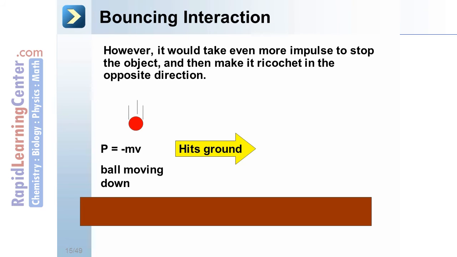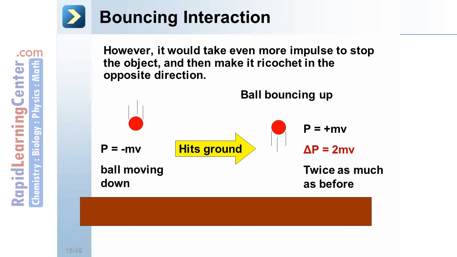As it hits the ground, this time it bounces upward. Let's imagine it bounces up just as fast as it was going down, so now its momentum is plus mv. This change in momentum to go from negative mv to mv is a change in momentum of 2 mv, twice as much of a change as before.